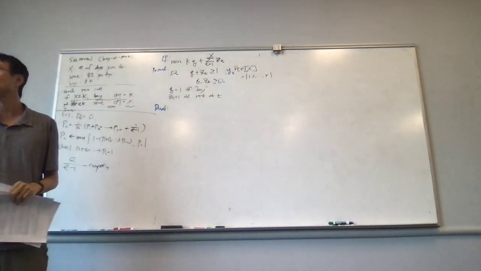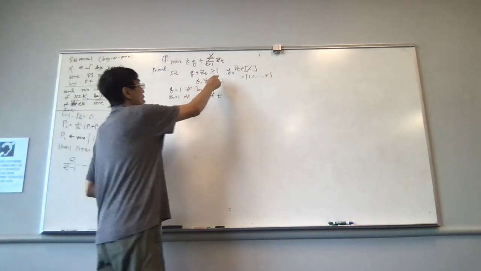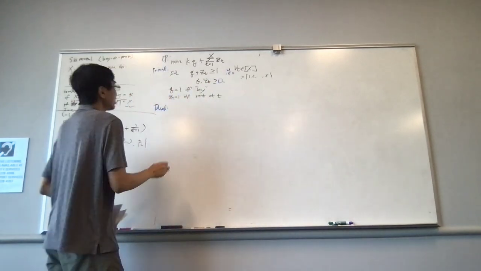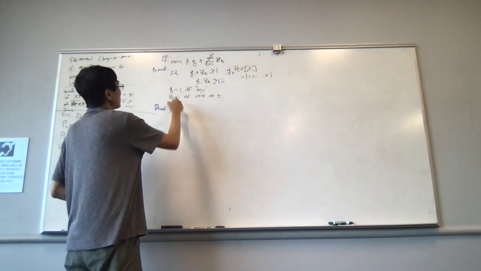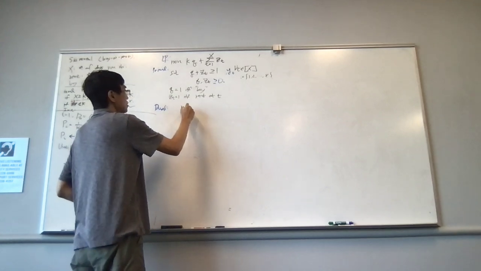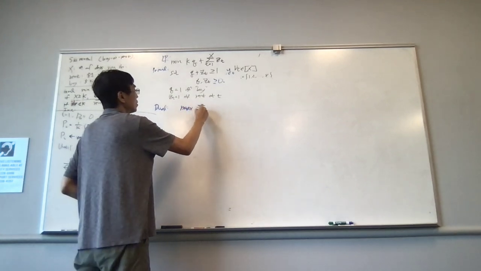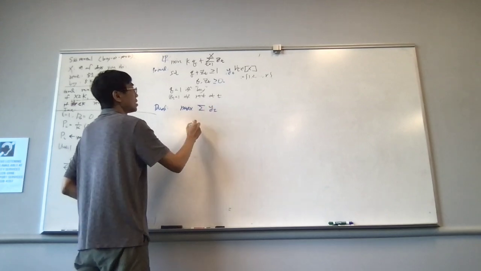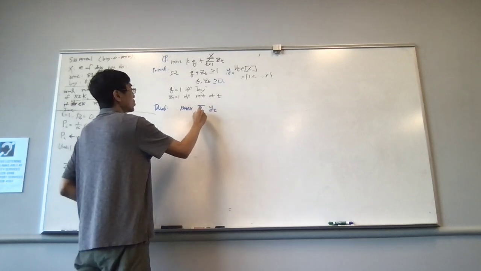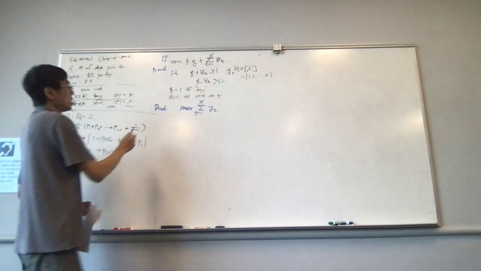Remember that we define a dual variable for each constraint. So I define y_t. Then, since the primal is a minimization, the dual will be a maximization, so it will be max of the sum of y_t, with t from 1 to x.